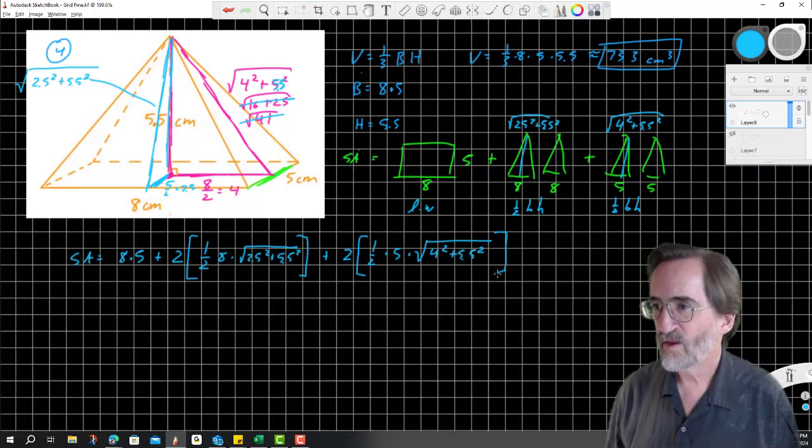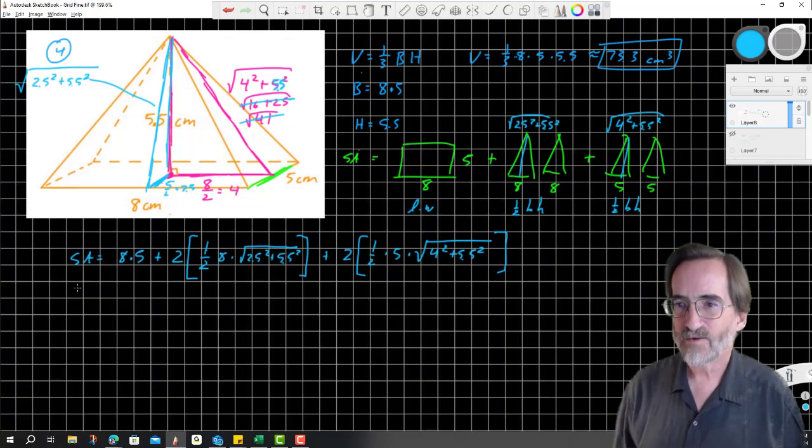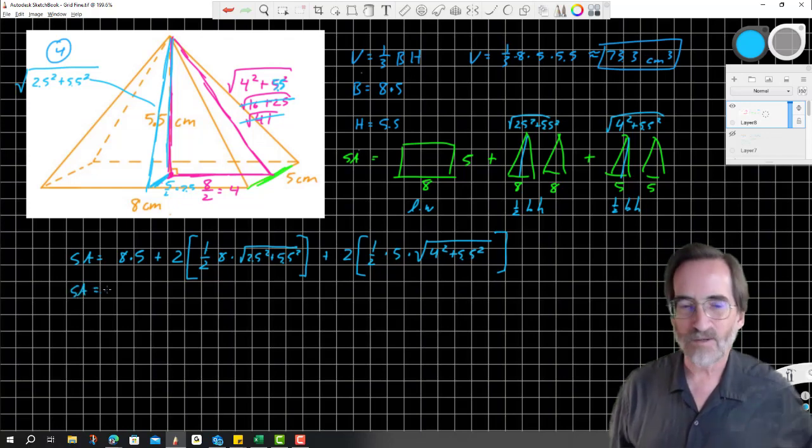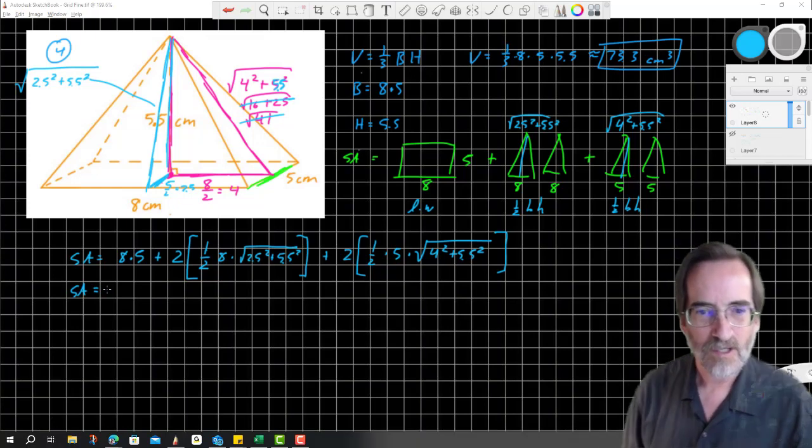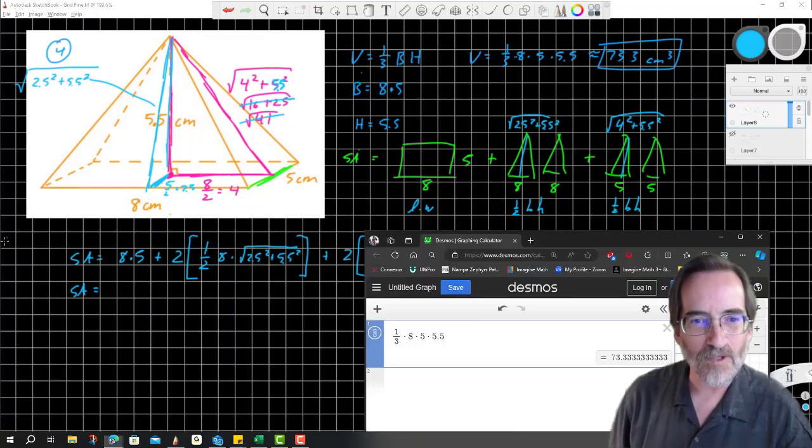So we got all of that. That's big and ugly, isn't it? So ugly, it's oogly.